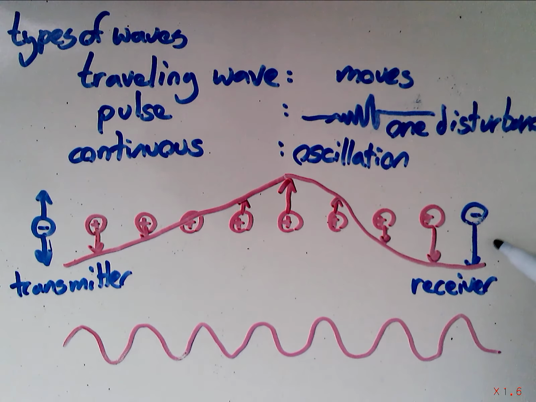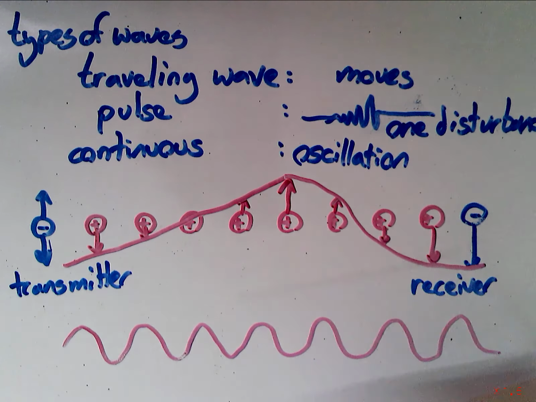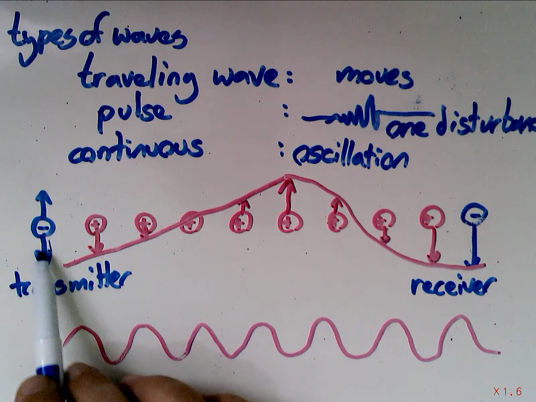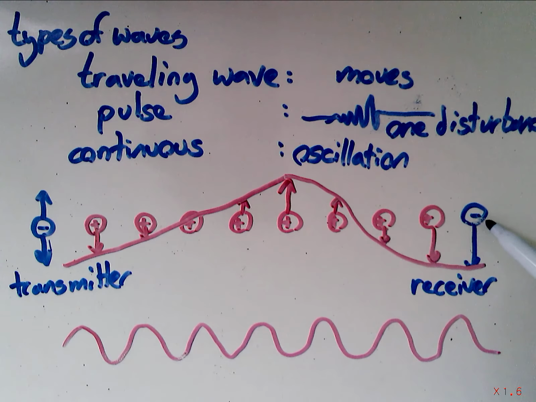It's gaining energy. And notice that when you have an up and down motion over here, with a little bit of a lag, it's appearing over here at the receiver. So you're not just transmitting energy from one place to another, you're transmitting information. So you can broadcast a radio signal or a TV signal or whatever using this scheme, using this wave.